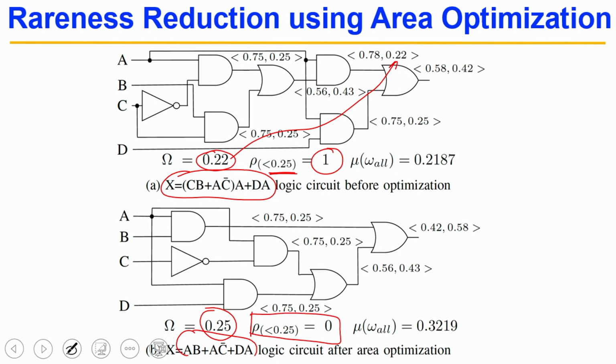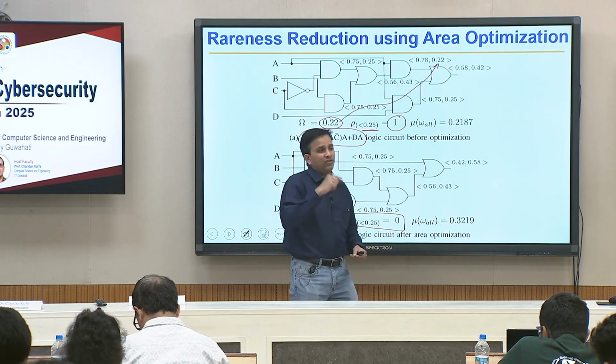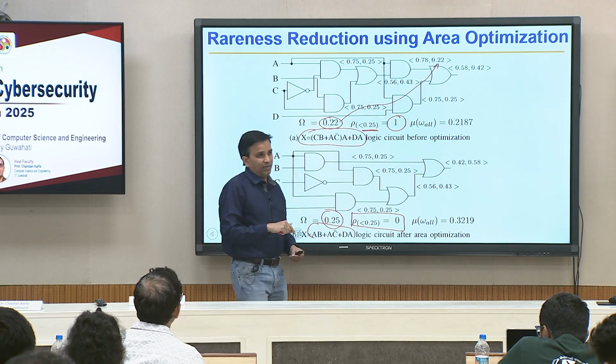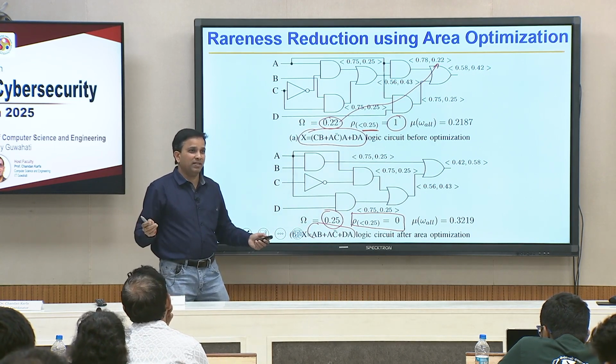Of course, ignore the all and average, but I simply wanted to show the act of it, and it turned out, we have proven that the most area optimized circuit has the least rareness. If you really want to make things rare, create a lousy circuit.